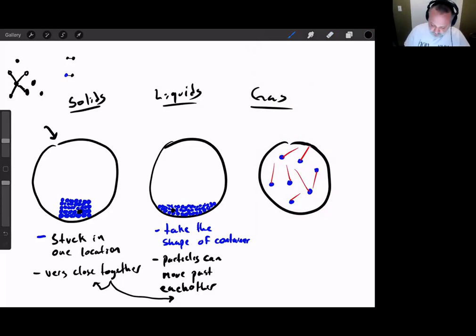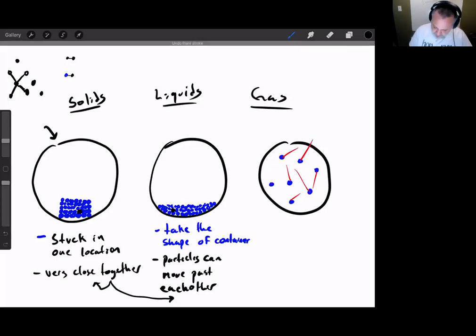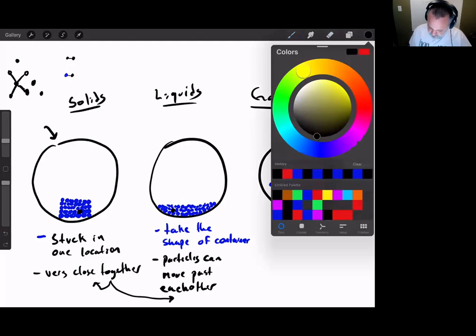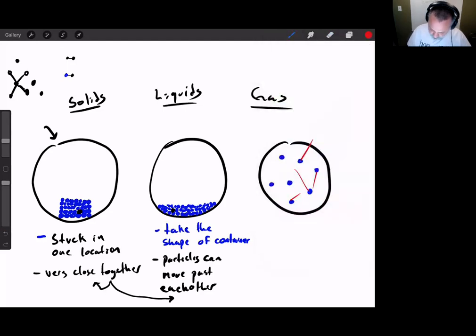And I really did a poor job of making it random. I'm going to go back and do it a little better. I want to make it random. There we go. That's a little better. Making it random.